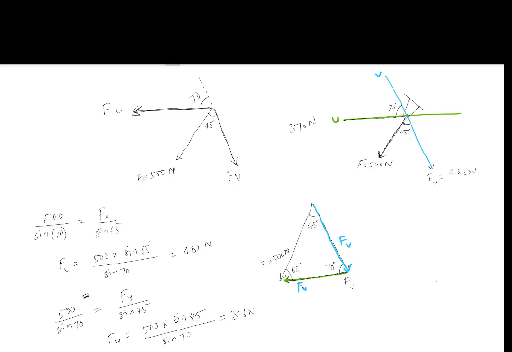Then apply the sine rule: 500 divided by sine 70 is equal to Fv divided by sine 65, and 500 divided by sine 70 is equal to Fu divided by sine 45, and you get these two answers, Fu and Fv. Hope that helps.